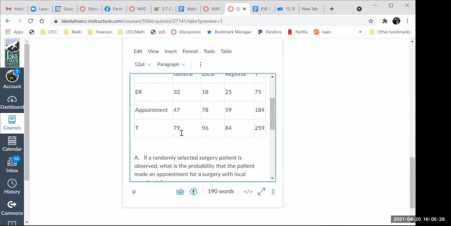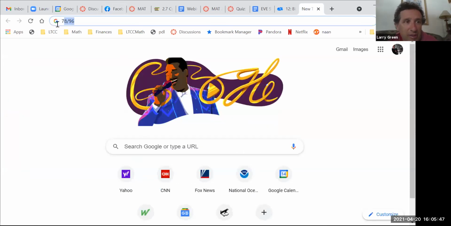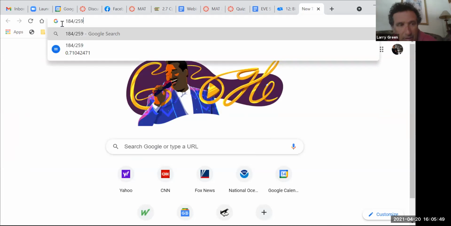What's the denominator? 259. Yeah, so 184 over 259. And that we probably want to pop in a calculator because we need to see if those fractions are the same. The easiest way of doing that is to turn them into decimals. And that's 0.7104.